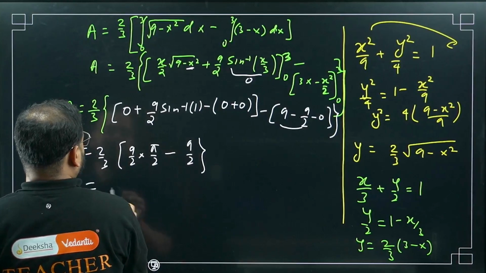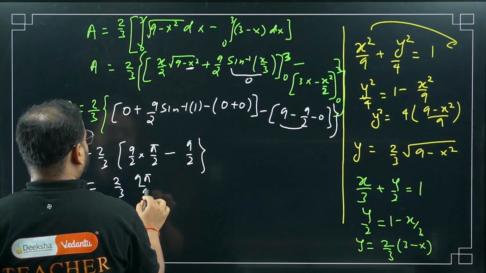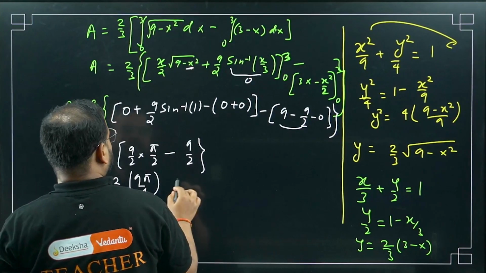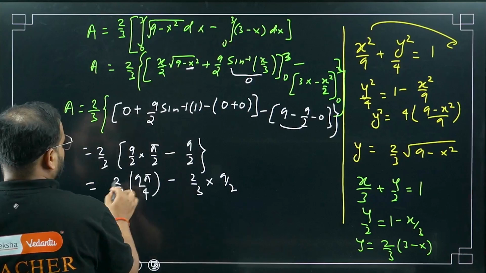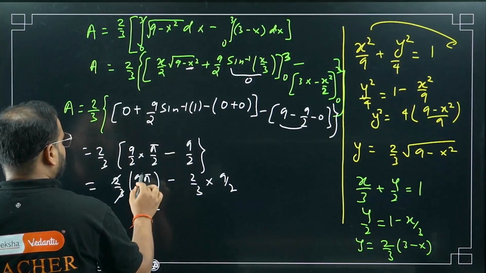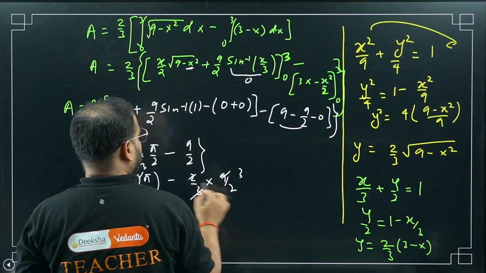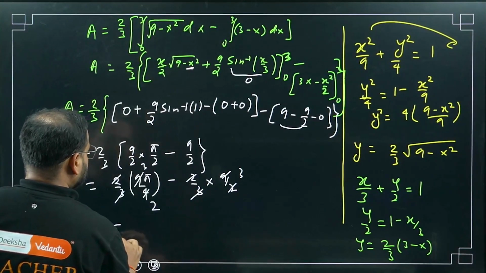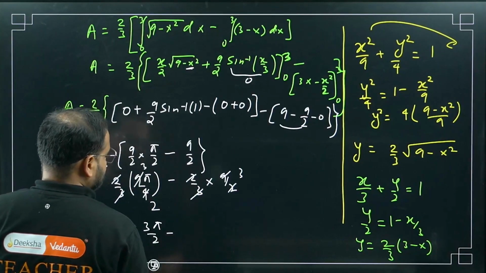Now expand the bracket, you're going to get what? 2 by 3 times 9 pi by 4, minus 2 by 3 times 9 by 2. How much is it? 2 times 2 is 4, 3 times 3 is 9, and this is simply gone. What is my result? 3 pi by 2 minus 3.